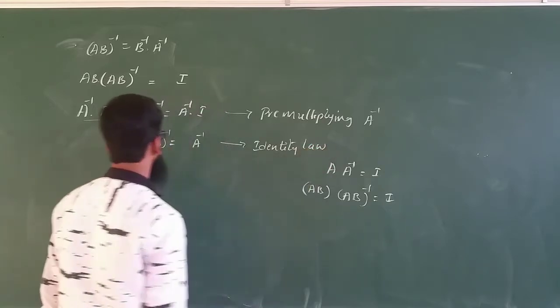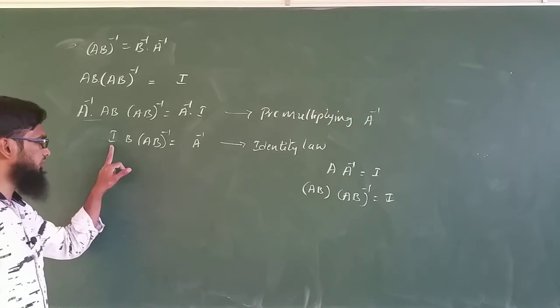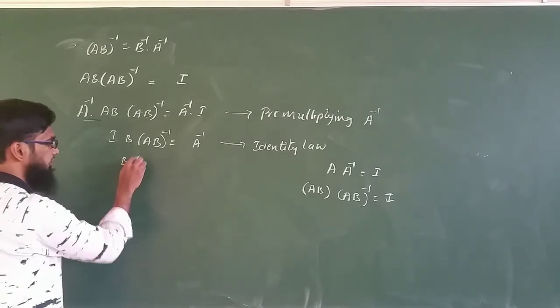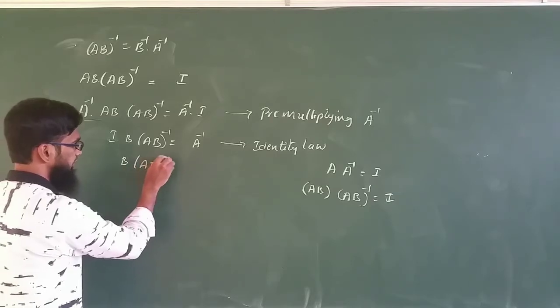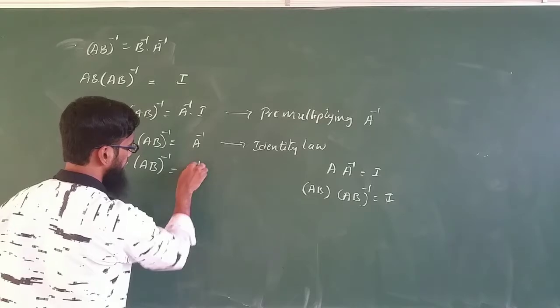Now what is the next step? Here it is the same thing. I into B is nothing but the matrix B itself. So the remaining term is B into AB whole inverse is equal to A inverse.